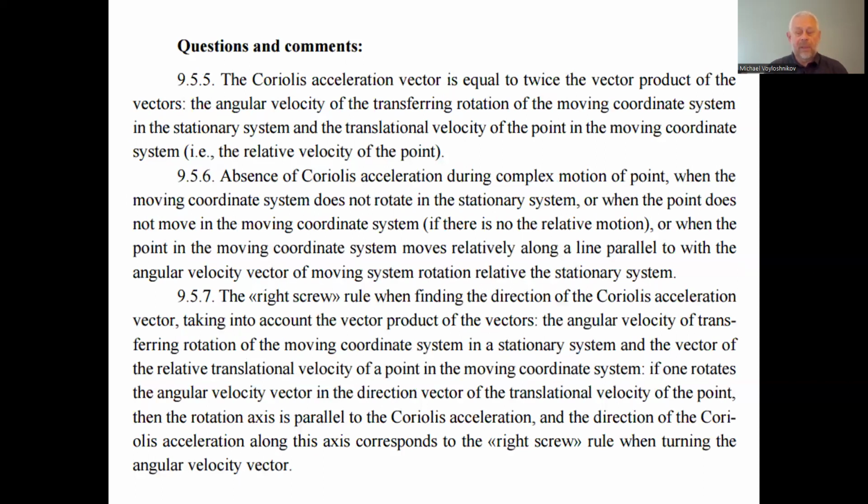The acceleration vector is equal to twice the vector product of the angular velocity of transfer and the translational velocity of the point in the moving coordinate system, that's the relative velocity of the point. Yeah, we told about that previously.